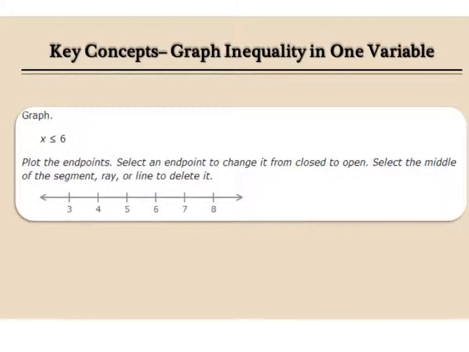This says to graph x is less than or equal to 6. So we have an underlined less than sign, which means we have a closed-in circle on 6. The arrowhead points to the left, so our arrow points to the left.